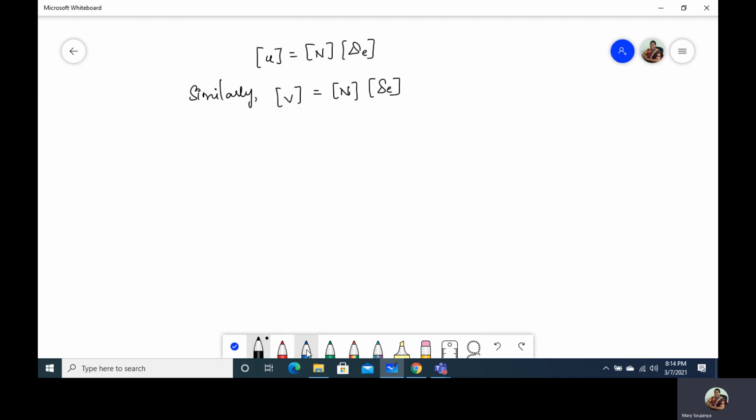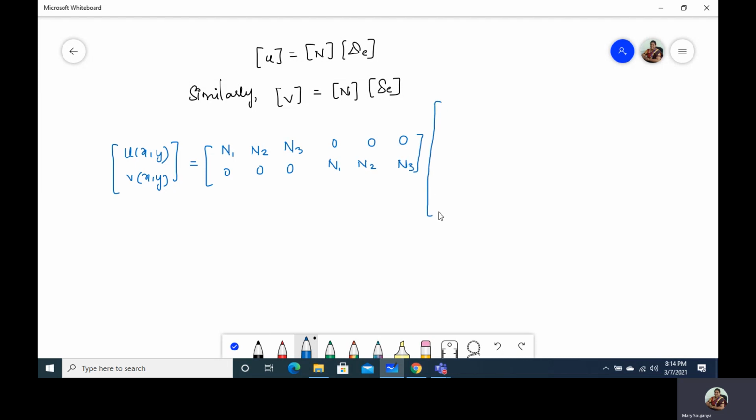So when we are taking it for the CST element as a whole, u of x comma y, v of x comma y will be equal to [N1 N2 N3 0 0 0; 0 0 0 N1 N2 N3] into the elemental displacement u1, u2, u3, v1, v2, v3.